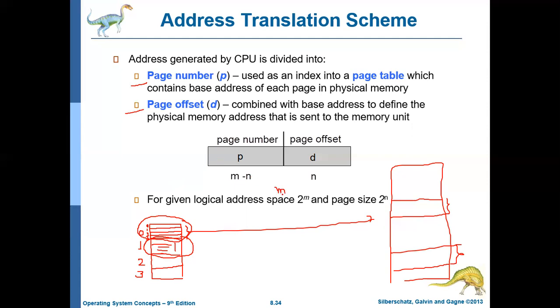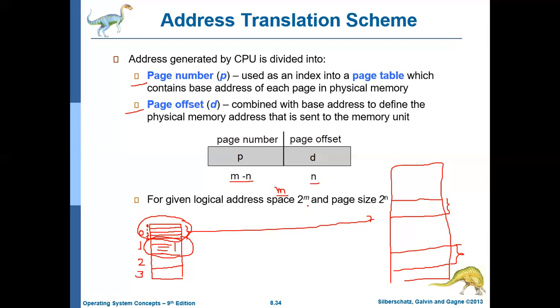If the logical address uses m bits and the page offset uses n bits, then m minus n bits will be used by the page number. Okay, m is the total number of bits used in the address field while generating a logical address.